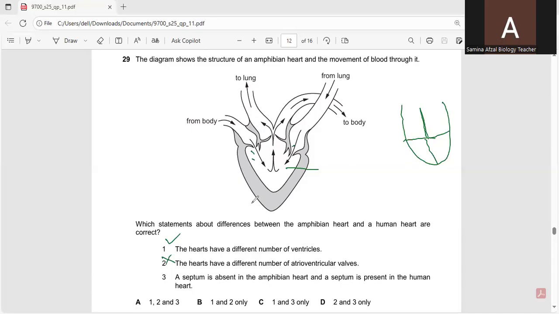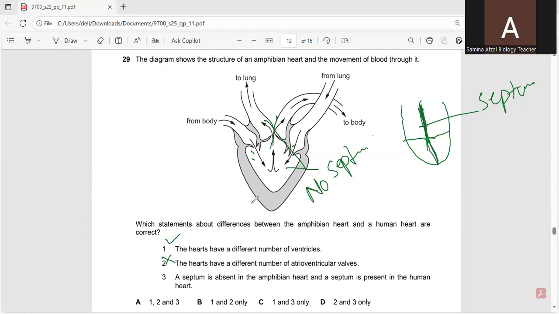The third statement: a septum is absent in the amphibian heart and a septum is present in the human heart. Yes, a septum is present in the human heart, but here there is no septum. The septum is the atrioventricular wall, which separates the oxygenated and deoxygenated blood from one another.